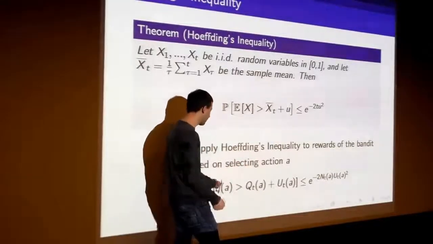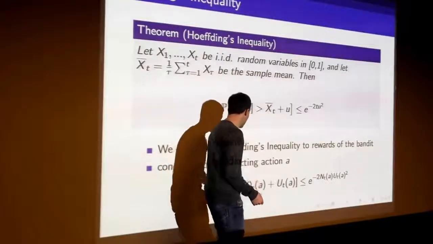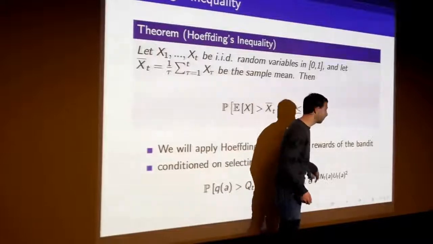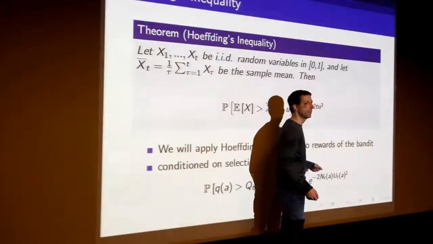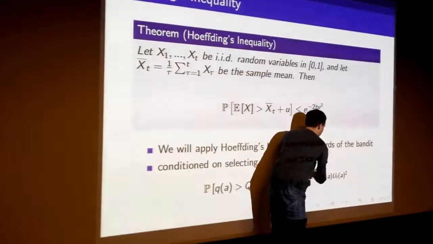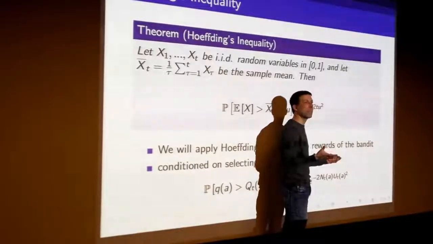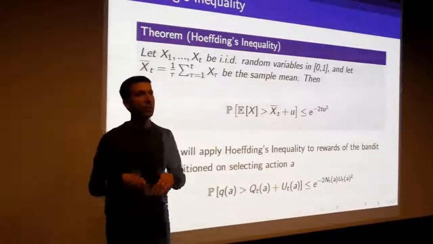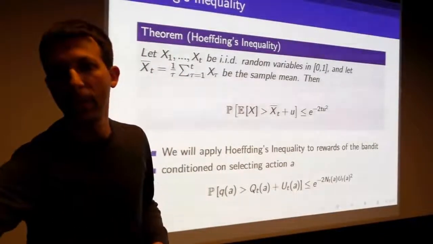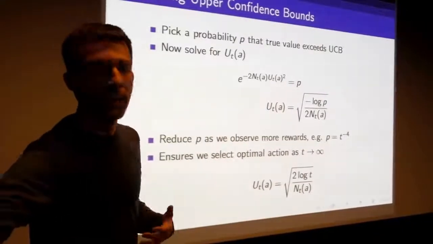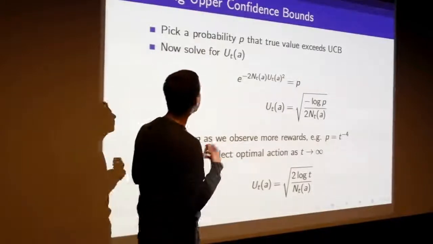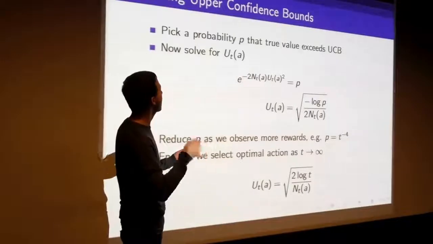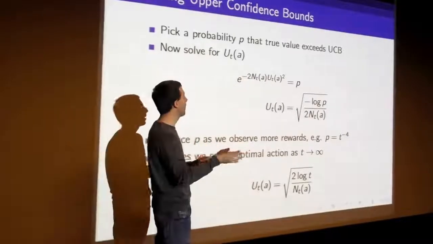Because we know that the probability that I'm making a mistake of more than this U value is bounded by this value. So if we plug in 5% for this, then we'll solve for our upper confidence value in a very general way. So we're going to pick a probability, like picking our 95% interval. We pick that p-value and solve for our u.